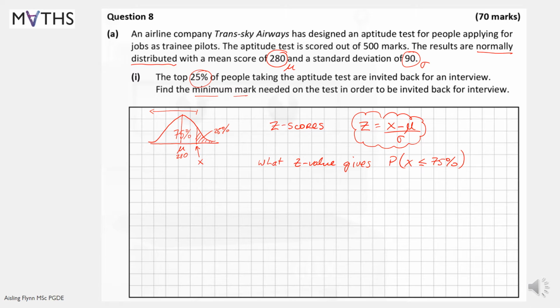Okay, so how we're going to find that out is to use the Z tables. So I want you to keep in mind this value of 75% or 0.75. So let's look at our Z tables.